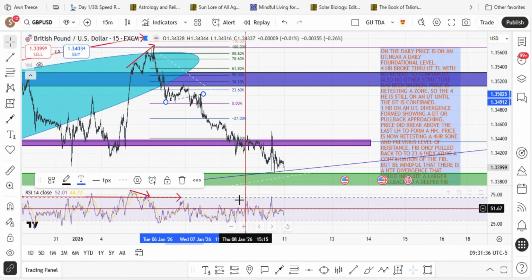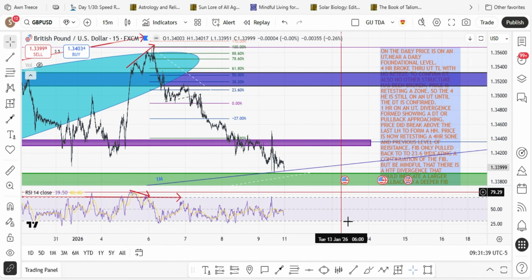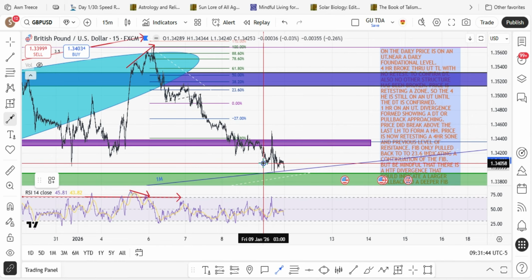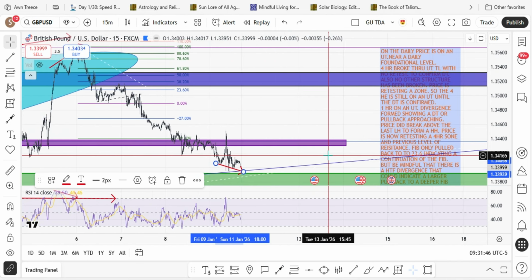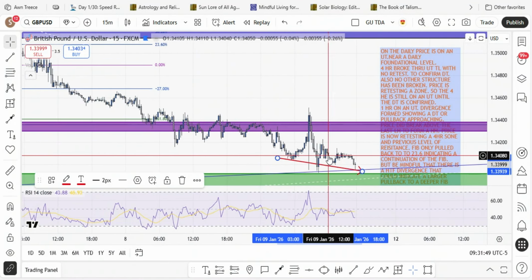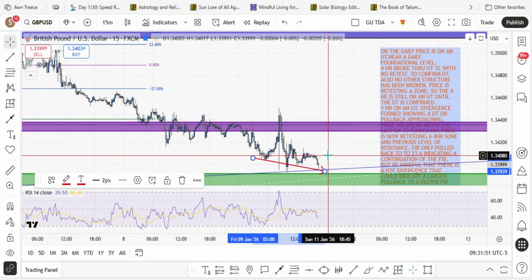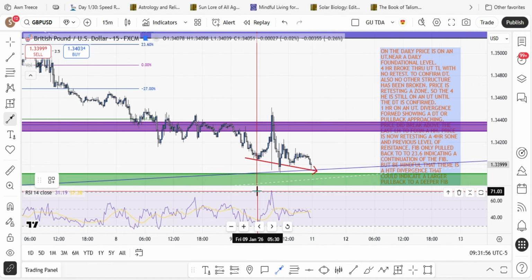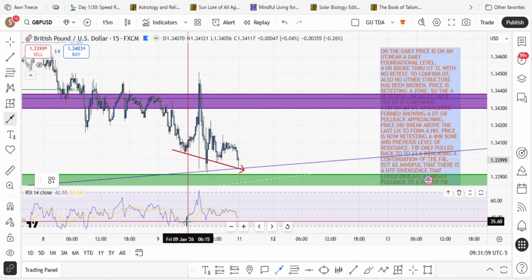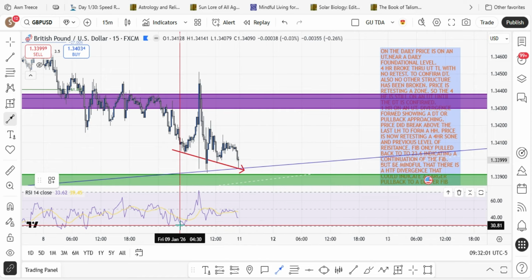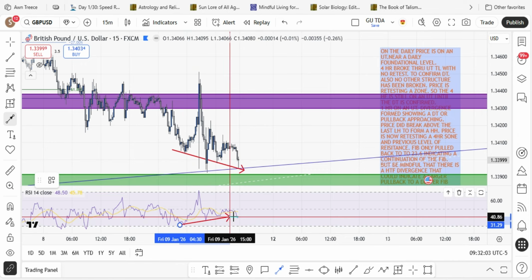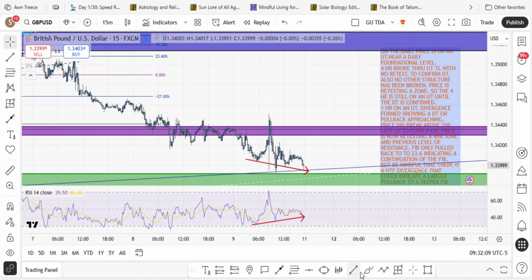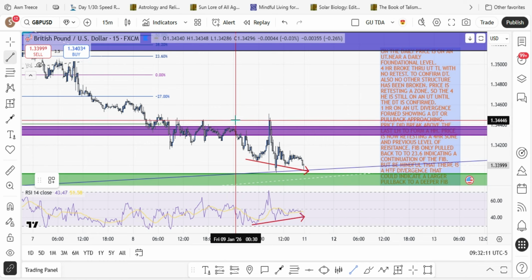Oh, wait. There's still more story to be told. Market still talking. All right. This is a lot of divergence. Well, everything has to be so messy though.